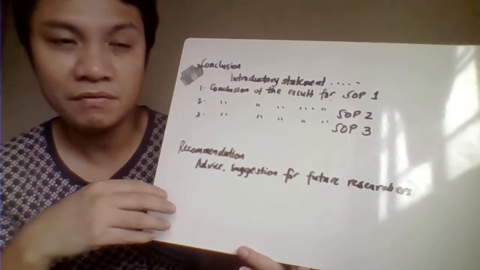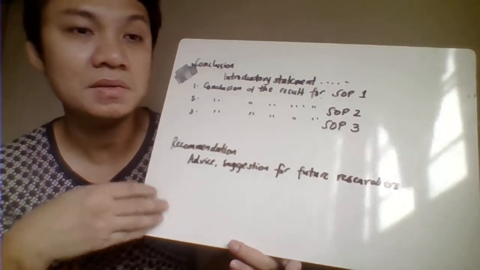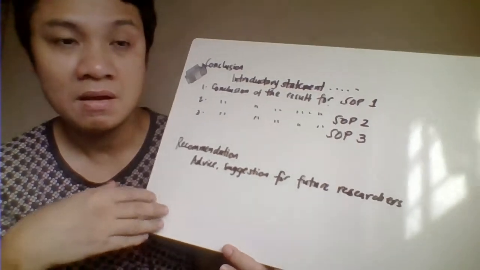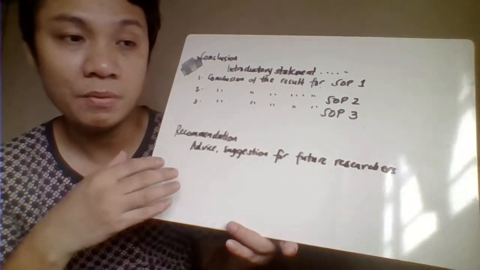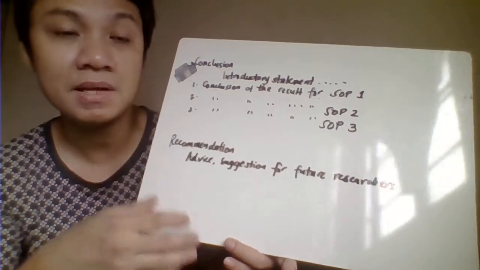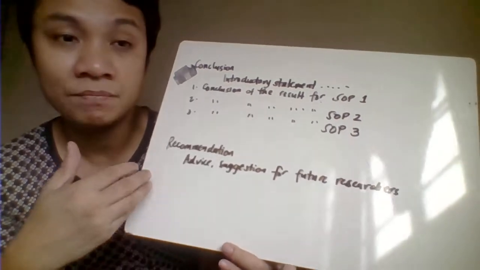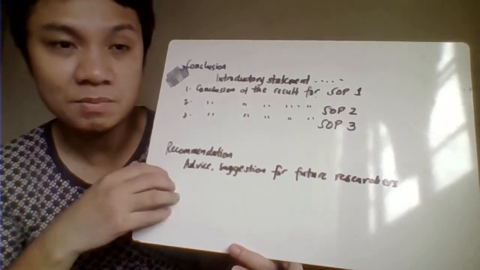If you were not able to do something in your study, like for example increasing the number of participants, then you need to recommend that one. Put that here. This will serve as the basis for future researchers who want to use your study as a basis for their study. Okay, so that becomes your conclusion.